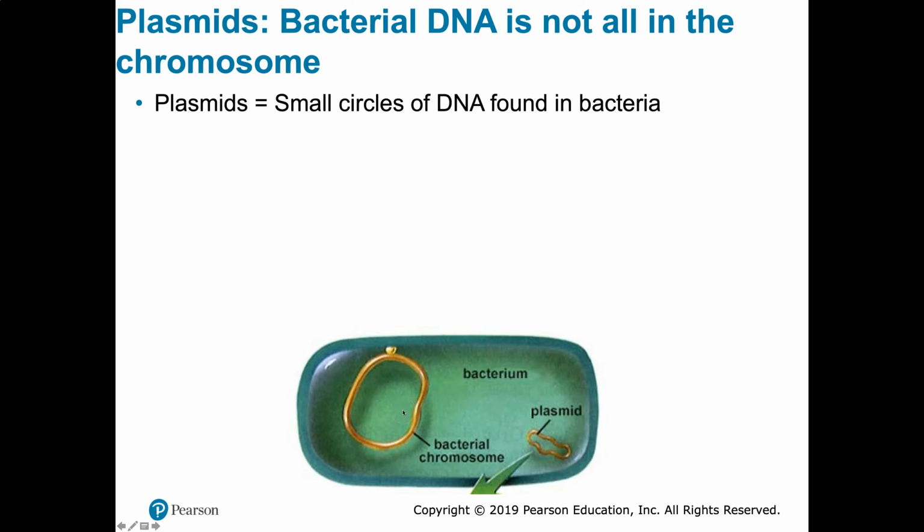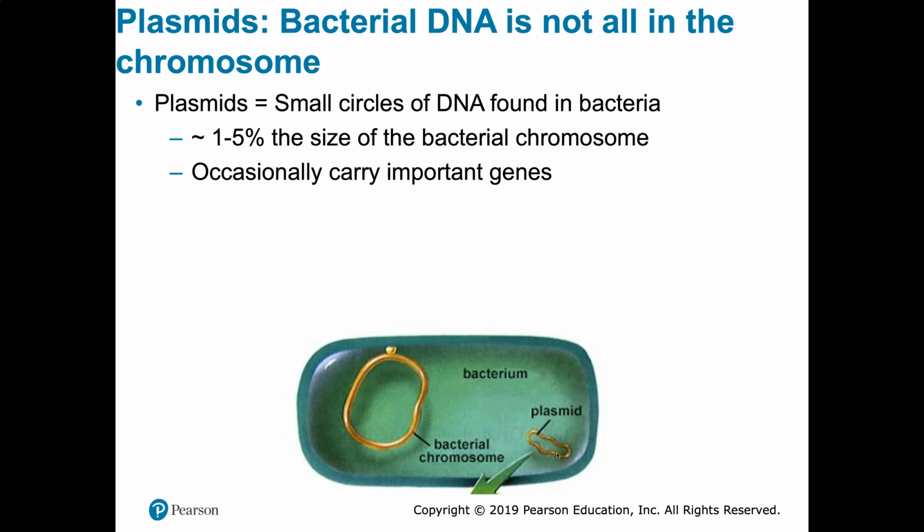And it can pick up plasmids multiple ways. They're really, really small plasmids. They only carry a few genes. And some of the genes are useful, some of them are useless. So this plasmid may or may not be useful to this cell. Not every one of them is going to be revolutionary and amazing. It may just be something that the cell doesn't need or want. It's just there.